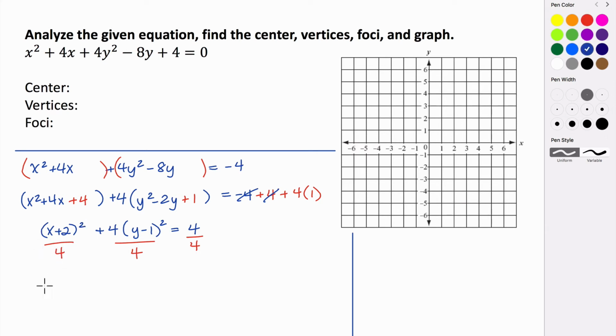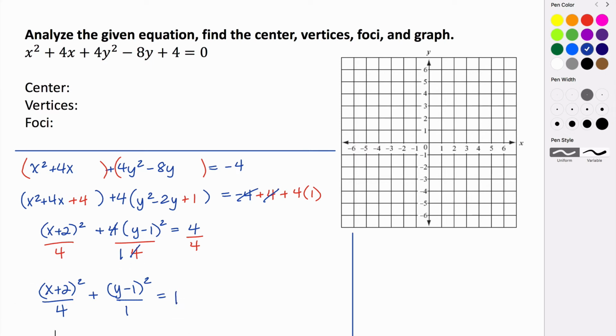So this is already reduced, so we get x plus 2 quantity squared divided by 4, plus, these will reduce to be 1s, so we're going to get y minus 1 quantity squared. For convenience sake, I'm going to put this over 1, but it won't always be written that way. Just know that you can turn this into a fraction because it might help us find values of a and b in the future. And then 4 divided by 4 is 1.